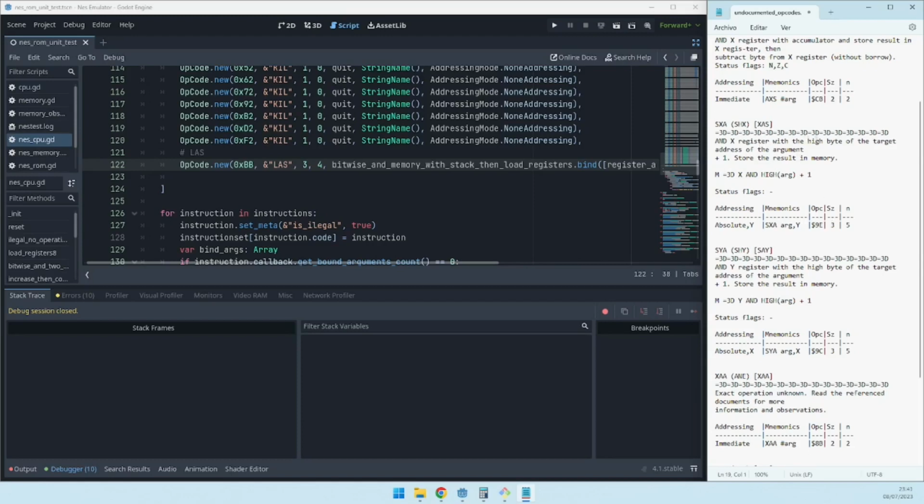AND X with the high byte of the target address of the argument plus 1. Store the result in memory.